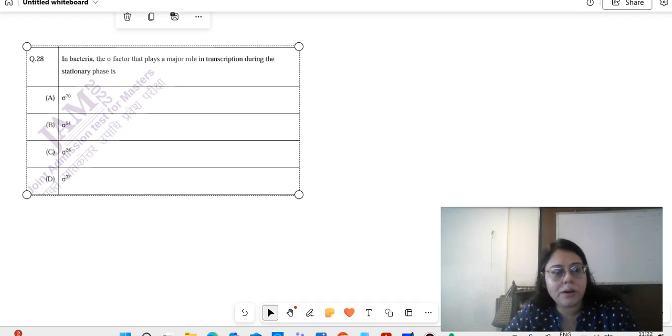Question 29 is also an analytical question: in bacteria, the sigma factor that plays a major role in transcription during the stationary phase is sigma 70, sigma 54, sigma 28 or sigma 32. You also have to remember the function of each sigma factor and its use in the steps of eukaryotic transcription, because it is a complex, huge process with so many factors working together.